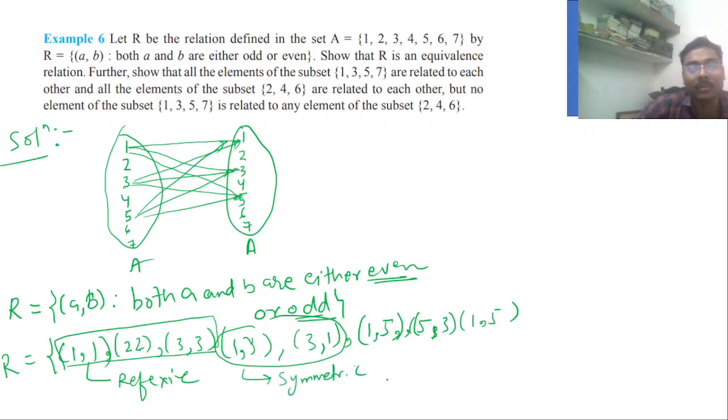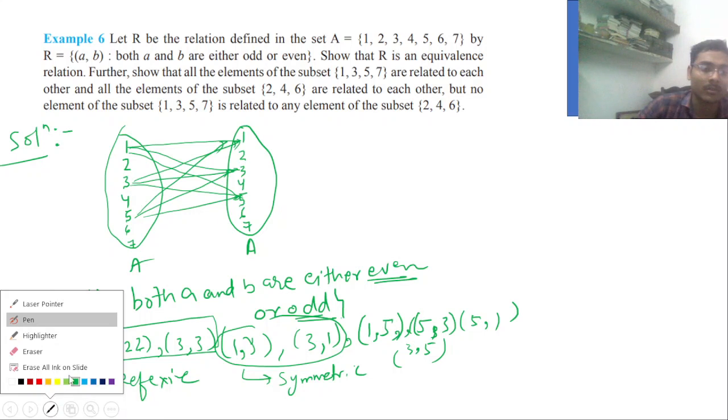And why is it transitive? Transitive because 1 with 3, 3 with 5, and 5 with 1. All three are present here in the relation. That is why it is transitive also.